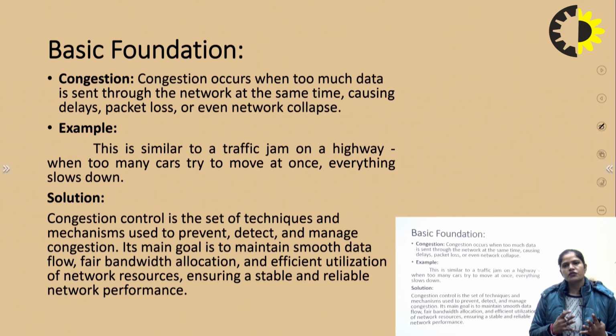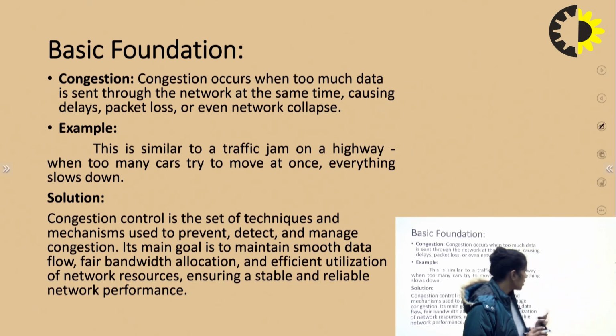So the process of transmission is stuck due to some collapse and some kind of strictness, right? This is similar to a traffic jam on a highway, when too many cars try to move at once, and everything slows down, right?